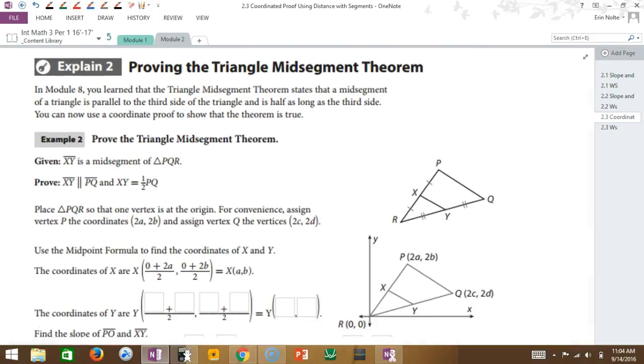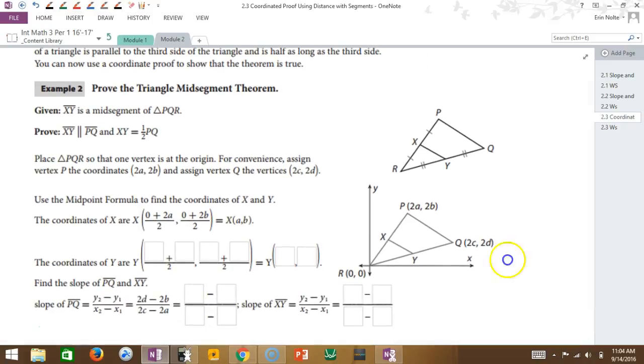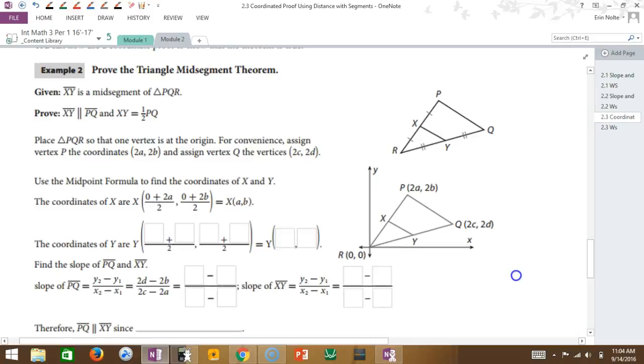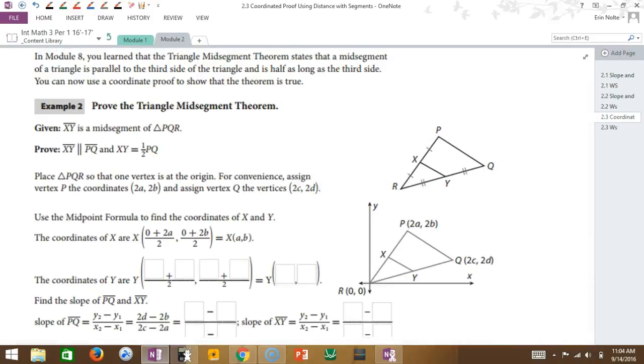So this goes through proving the triangle Midsegment Theorem. Okay, so let's see. I'm not going to walk through this whole thing. I'm just going to kind of go and explain to you what it does in fact prove.